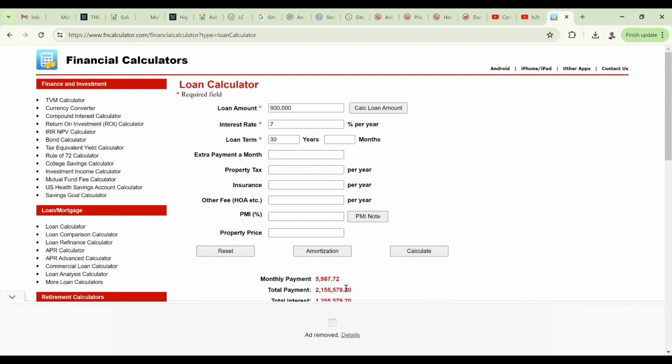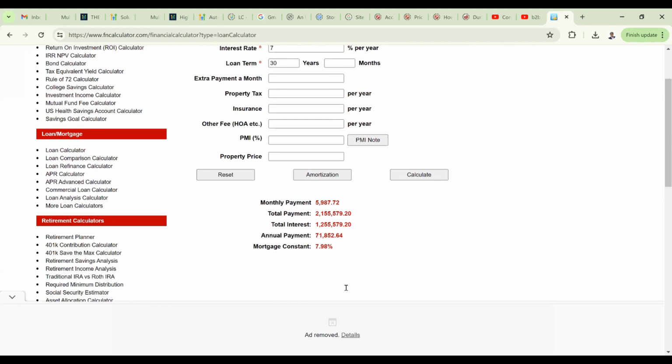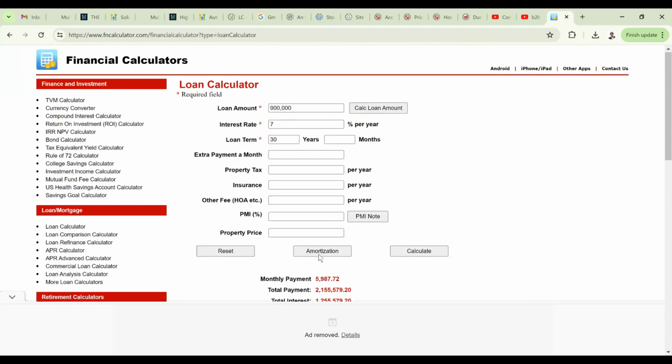And as you can see here, it tells me my monthly payment would be $5,987. My total payments would be $2 million and change. That's over the life of the loan. And my total interest and my annual payments. So this is good for you to figure out the monthly payment.